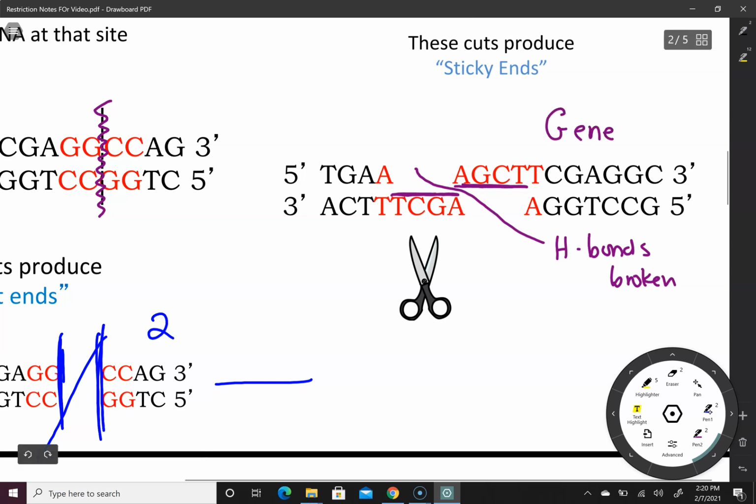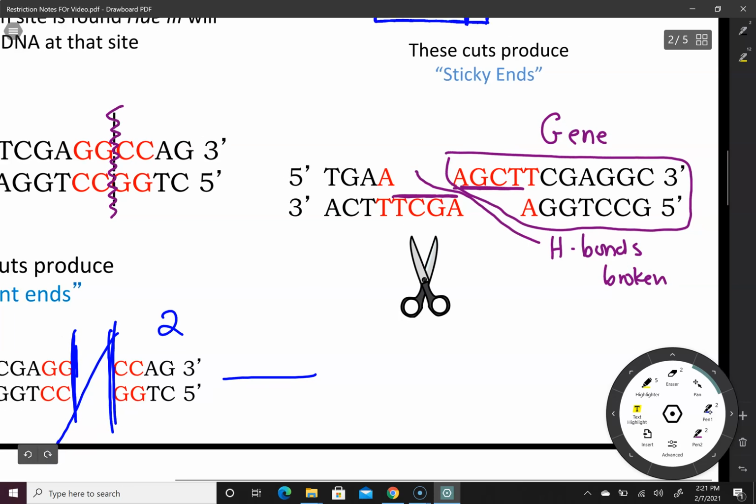You can take this entire section, this now gene that you cut, and place it into a new organism, because assuming you use the same restriction enzyme, you're going to have these same sticky ends, and the DNA is going to be very happy when it finds its, in essence, buddy in the new organism.